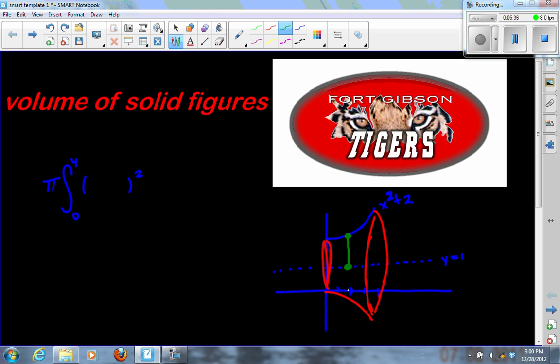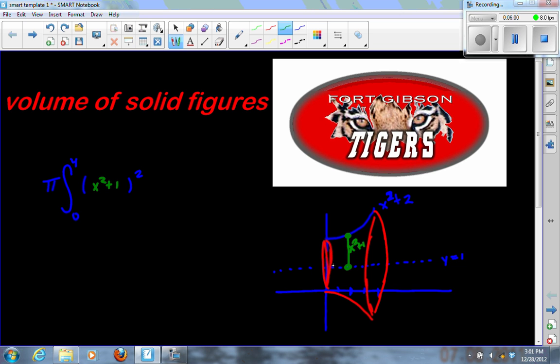Well, if we were going from the x-axis to the function, the length from here to here is always x squared plus 2, but we're not coming from here, we're going from this line, which is already 1 unit up. So this length is only x squared plus 1. That's kind of strange to see, but that's how that works.